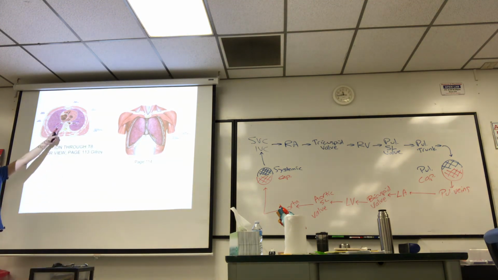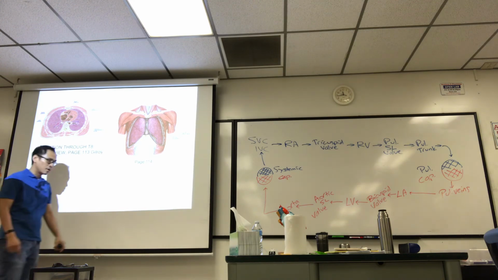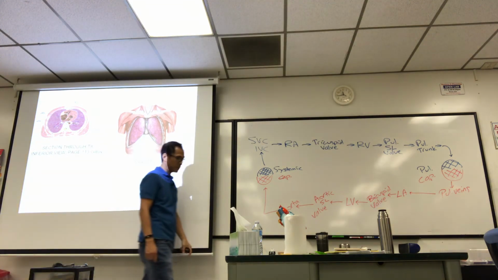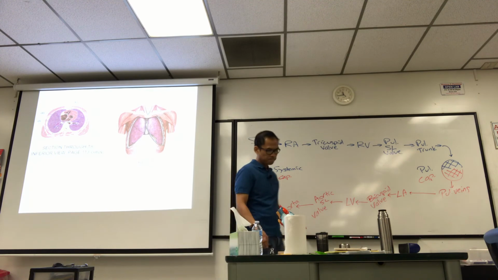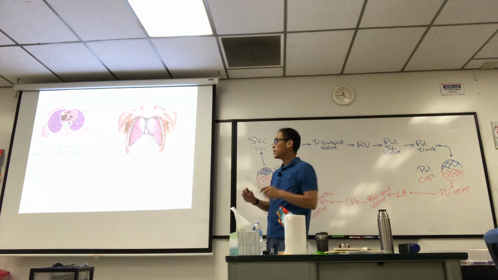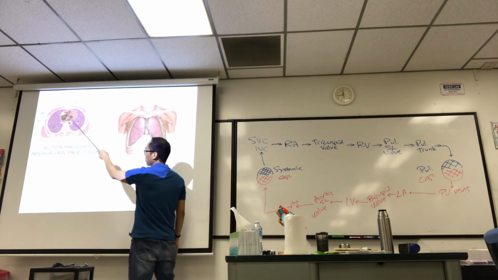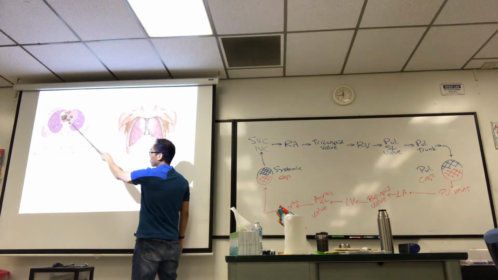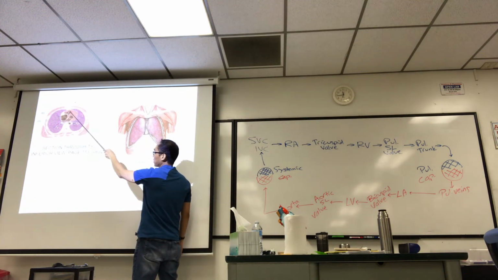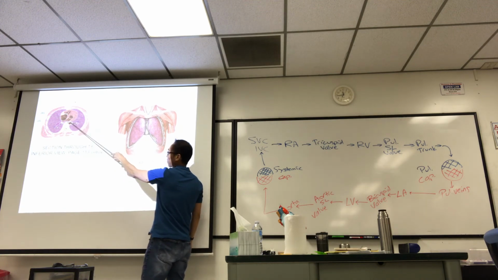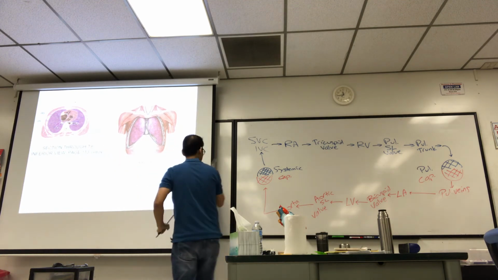If you look at a sectional view, you can see that the heart in the mediastinum is sandwiched between the two lungs. And what we see is that the right heart is a little more anterior. That's the right atrium, right ventricle. So the right heart is a little more anterior than the left heart. Okay, you write that down.